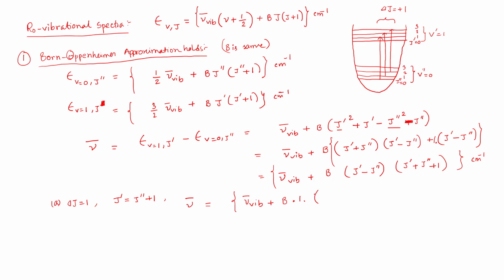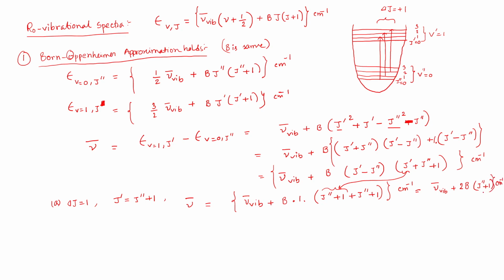J prime is already J double prime plus 1, so I will write it once, and this part is already there. So eventually it becomes nu vibration bar plus 2B.